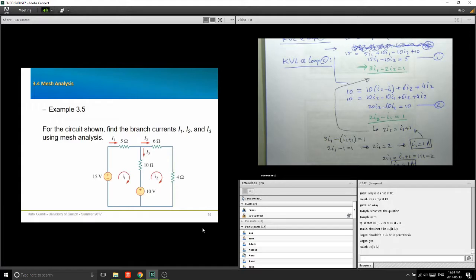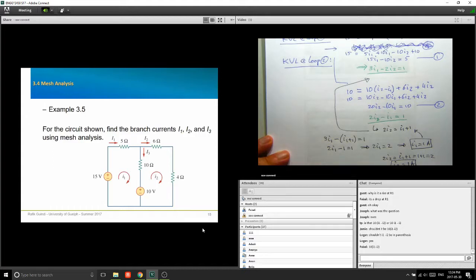If you have a situation where the two mesh currents are equal, it's going to create an interesting result.